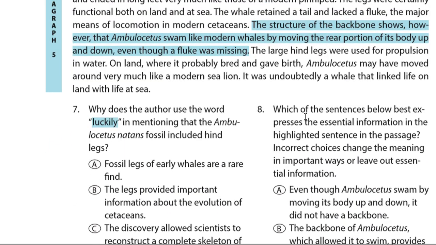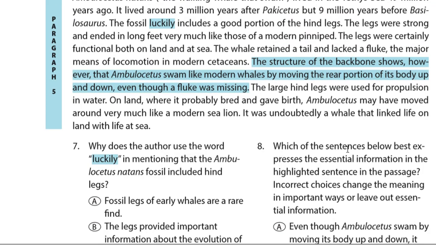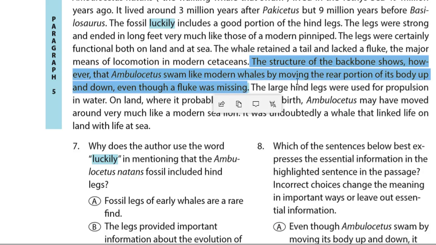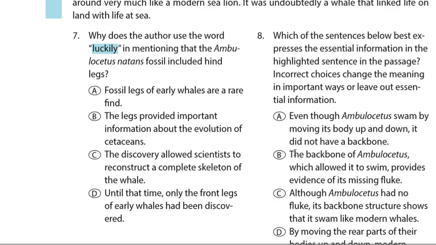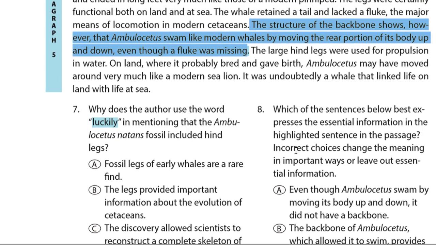8. Which of the sentences below best expresses the essential information? In this question, you need to read the highlighted sentence 2 or 3 times until you understand it. Then you need to pick an answer. Multiple choices will have a paraphrased answer.